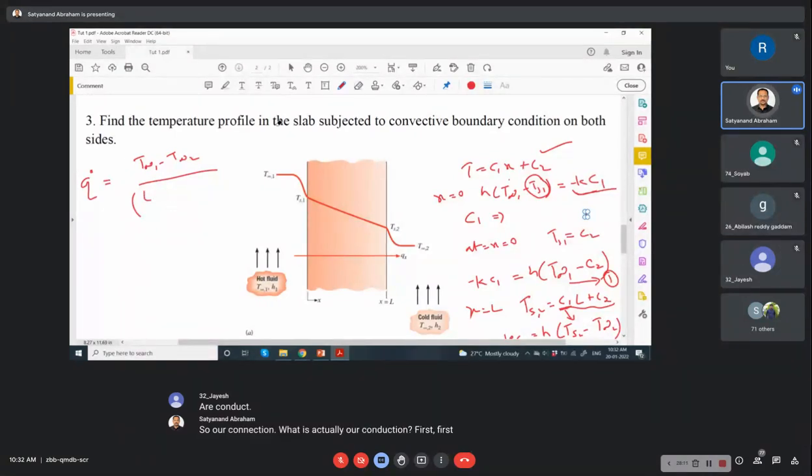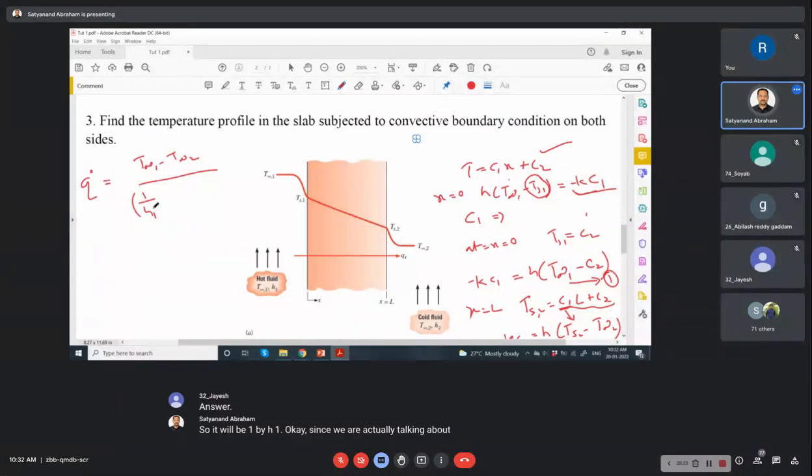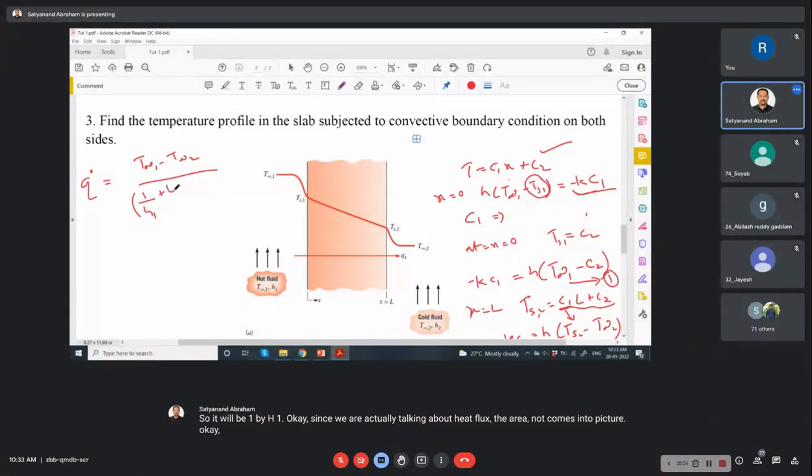First convection is there, so it will be 1 by h1. Since we are talking about heat flux, the area does not come into the picture. Plus L by k plus 1 by h2. You can see that this particular equation automatically comes out.